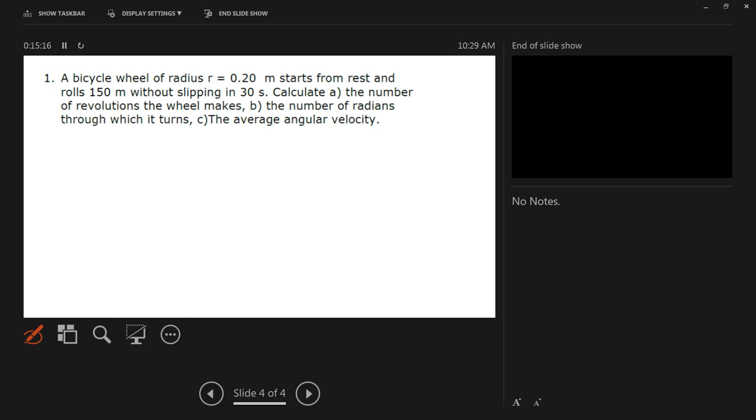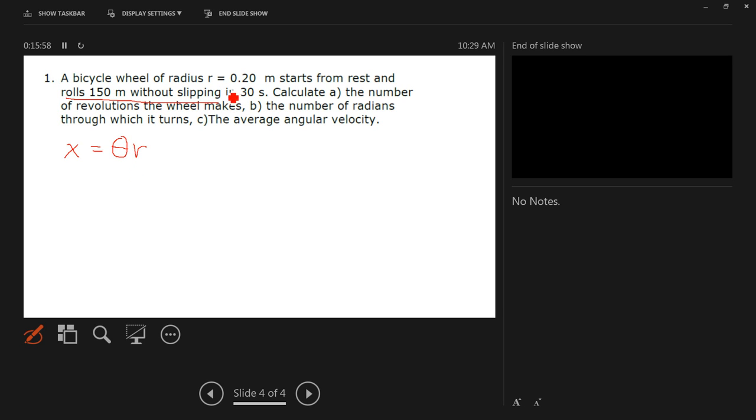When we have these sorts of conditions, rolls without slipping, that means that the distance traveled by the wheel in a straight line is related to the angle that the wheel turns through as it's rotating times the radius of the wheel. So this is a connecting formula between linear distance on the left and rotational distance on the right.